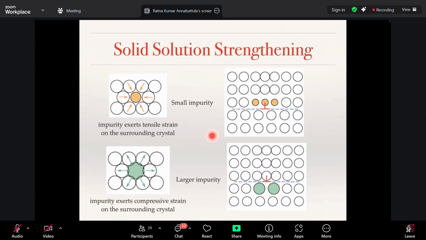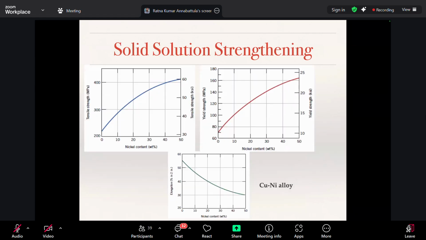So depending upon the type of impurity, if it is a small impurity or a large impurity, your local state of stress will change, and as a result, you will see an impediment to the dislocation motion. So if you look at the copper nickel system, here you have a copper alloy, nickel is 0%. If you measure the strength of this copper nickel alloy, let us look at the yield strength.